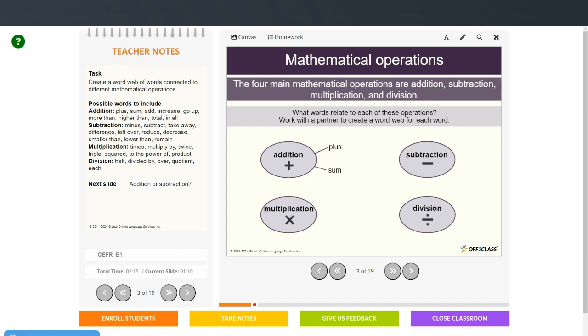Multiplication could be times, multiply by, twice, triple, squared, to the power of, or product. And division could be words like half, divided by, over, quotient, and each.